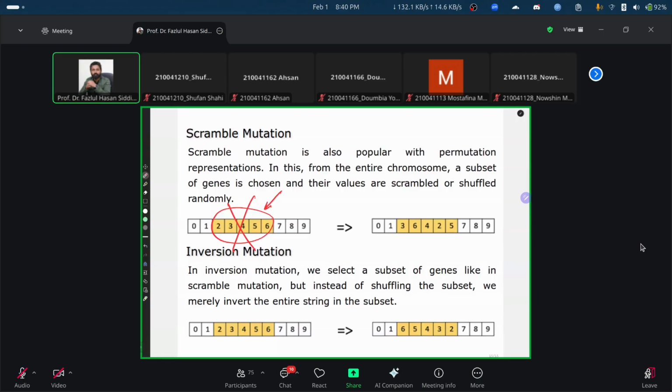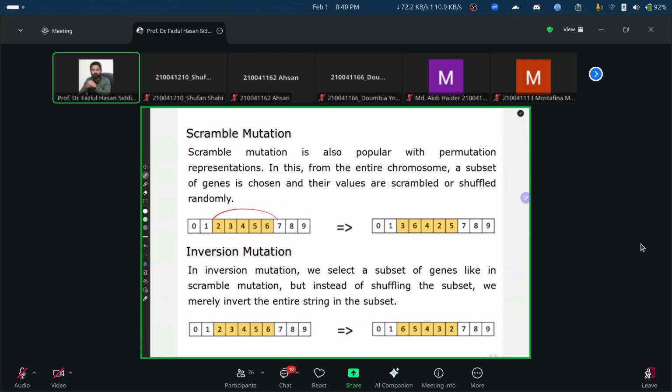They are all in total creating many conflicts. So what we can do is randomly shuffle these genes, just do the shuffling or the scrambling.